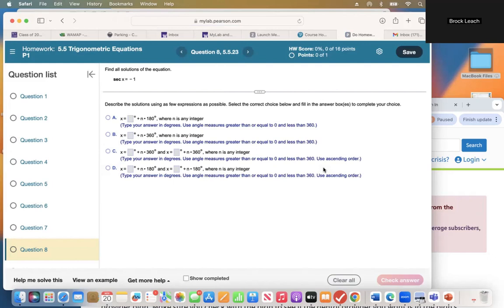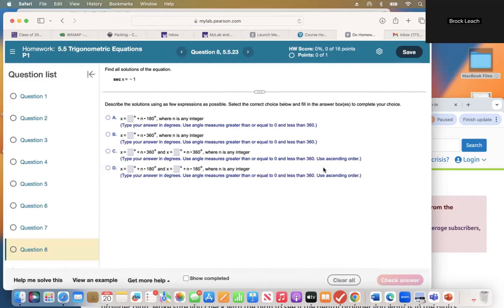Okay, find all the solutions of the equation secant x equal to -1. For secant x equaling -1, where does secant equal -1?